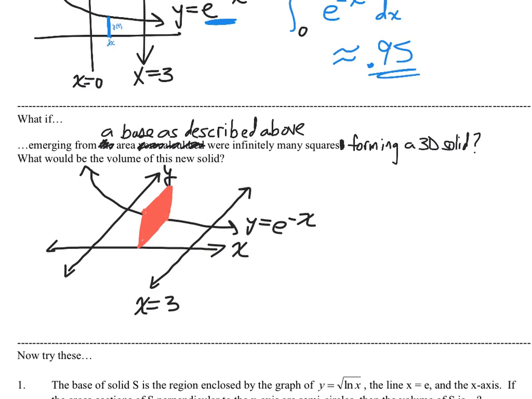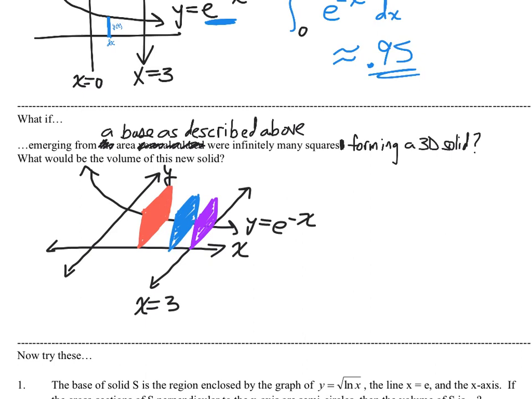Now, I chose to draw mine there. Maybe you draw or drew yours here, in which case you might have this square. Someone else might have drawn theirs here, in which case you have this square.